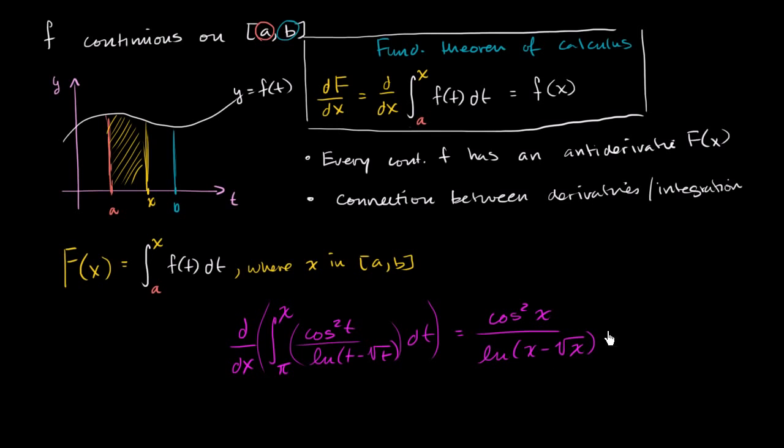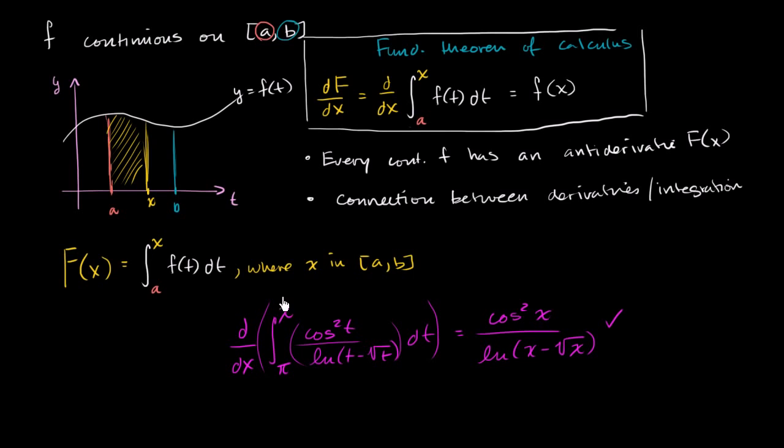So it can really simplify taking a derivative, and sometimes you'll see on exams these trick problems where you have this really hairy thing that you need to take a definite integral of and then take the derivative, and you just have to remember the fundamental theorem of calculus, the thing that ties it all together, connects derivatives and integration, that you can simplify it by realizing that instead of lowercase f of t, it's going to be lowercase f of x.